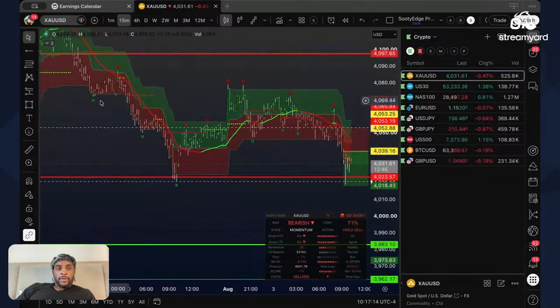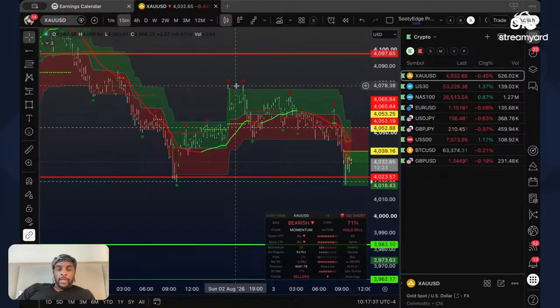So for instance, if we close below here, we can't close higher than here because it's a sell. We close below here, we can't close higher than here because then it's a buy. Then they gave us a new level there. And then once we close above that level, that lets us know the buy is coming.